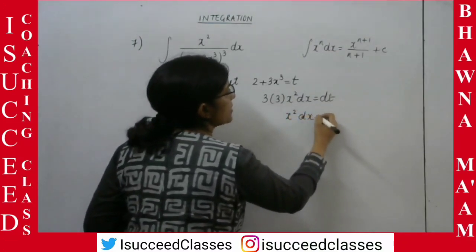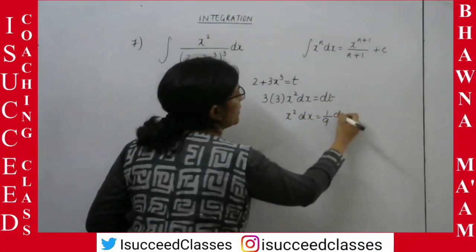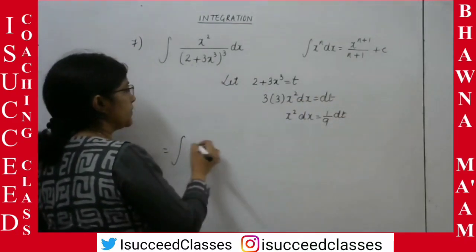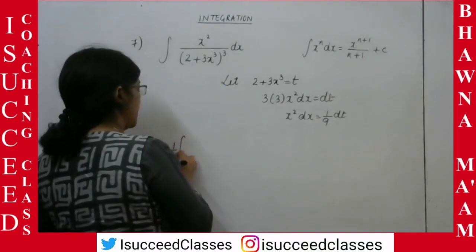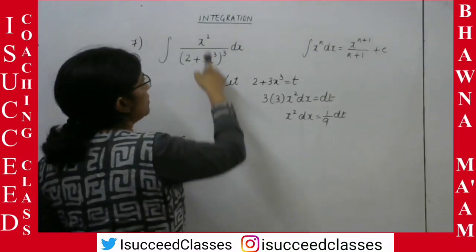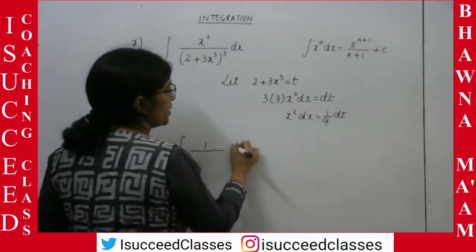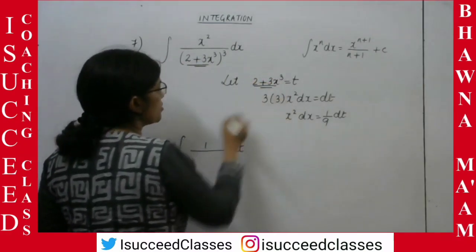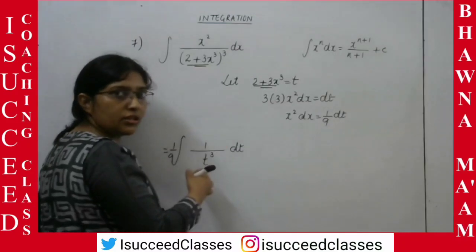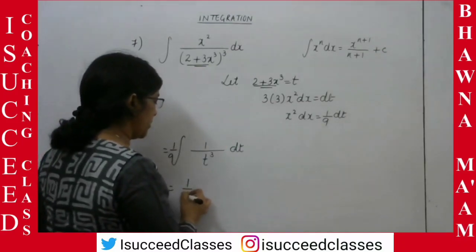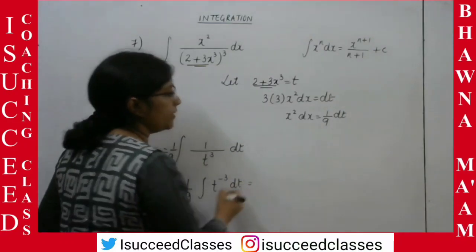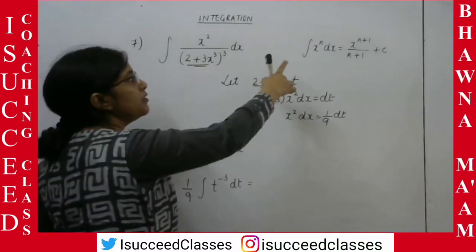So x square dx becomes 1 by 9 dt. Let's put this here. 1 by 9, that is for x square dx, 1 by 9 dt, and this thing is t, so it becomes t cube in the denominator. So the next step will be taking this as t raised to minus 3 and we will integrate it using the formula.